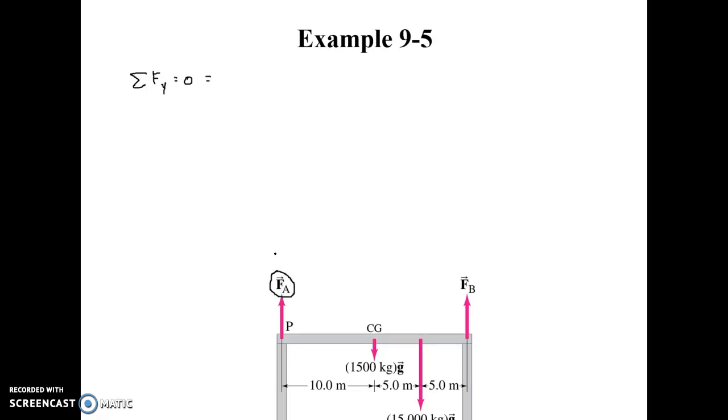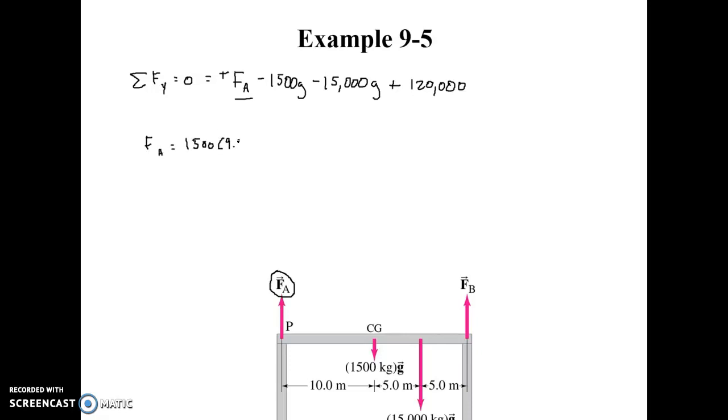Well, we've got Fa, that's going up, positive Fa, and we've got 1500 G going down, and we've got 15,000 G going down, and we've got Fb going up, which was 120,000.